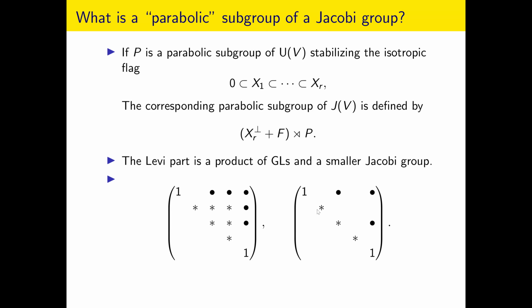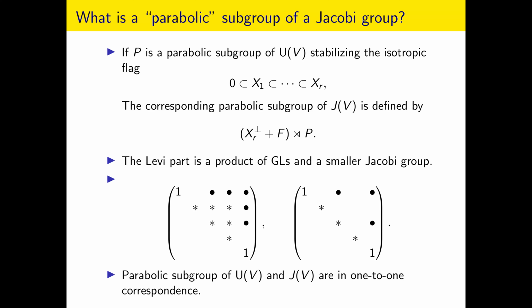If you look at the diagonals, the first and the last components are the product of the GLs, and the rest, this star and the combinations of these bullets, will give you a smaller Jacobi group. So that's the parabolic subgroup of the Jacobi group, and it turns out that this is the one that works.